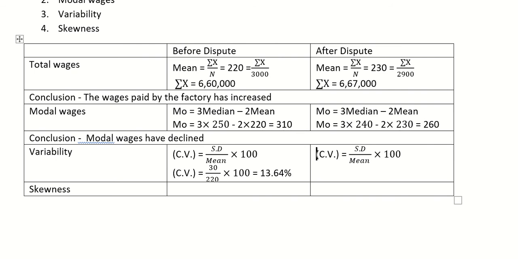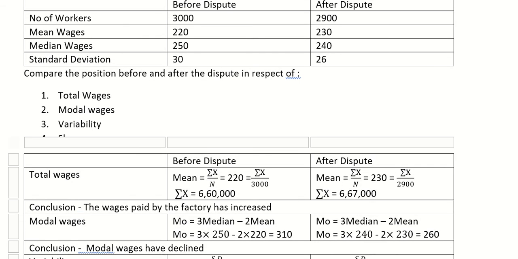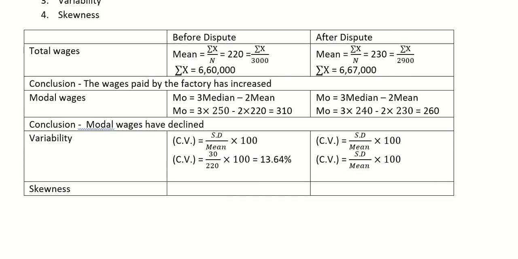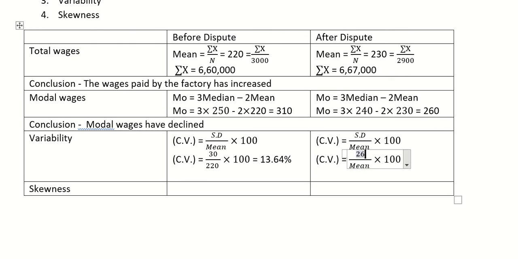And now we'll calculate it after the dispute. After the dispute, standard deviation is 26, so we'll put the value here. 26 divided by mean, 230. 230 is the mean. So 26 upon 230 into 100.